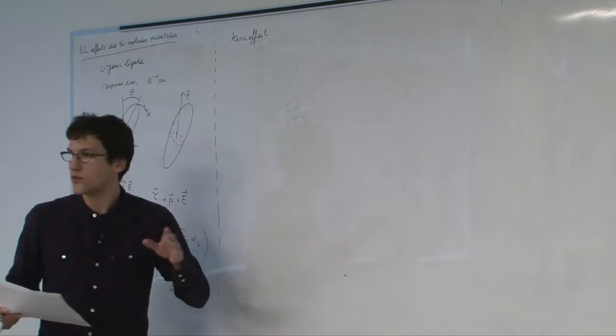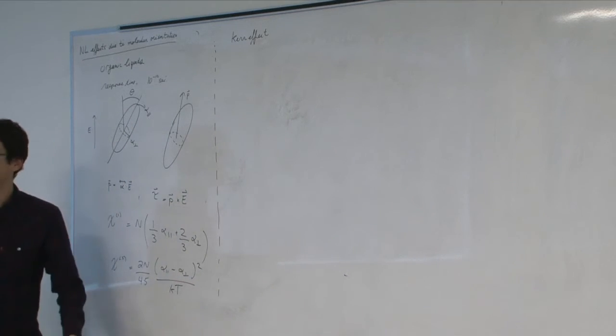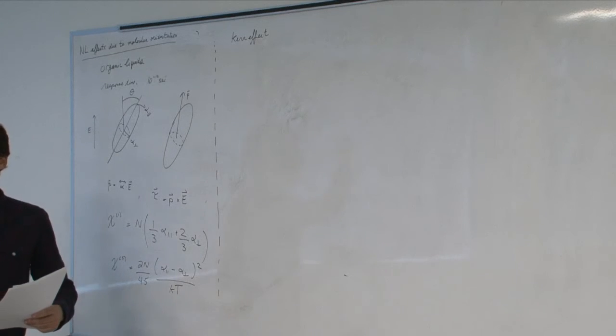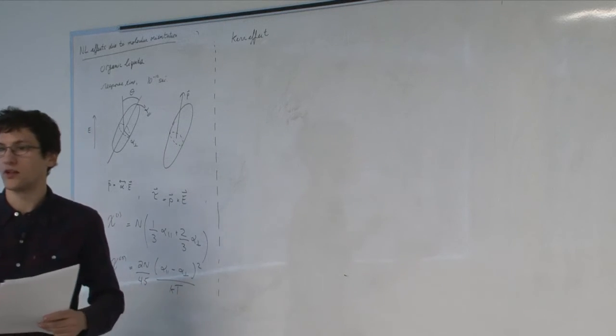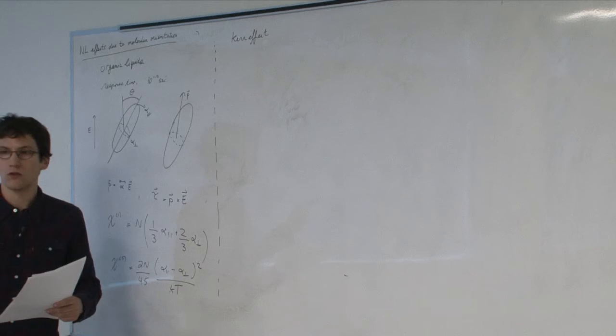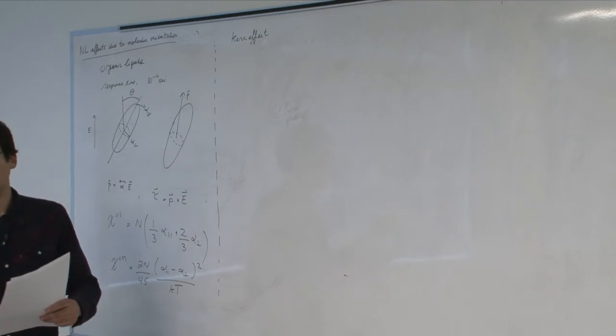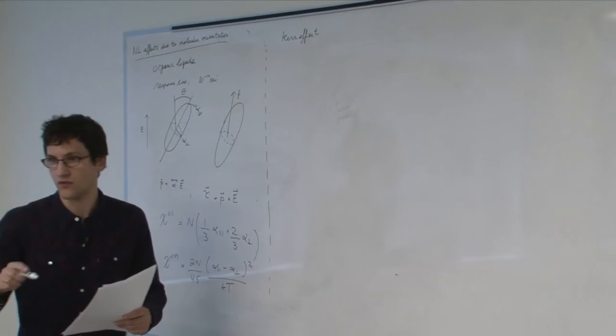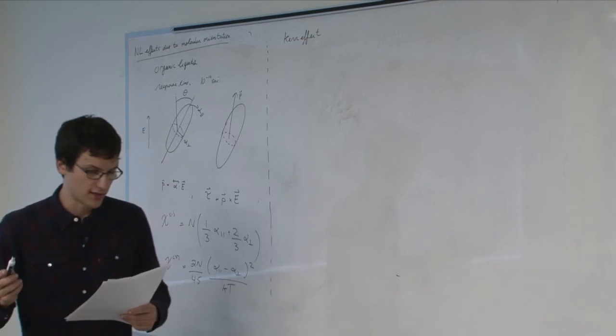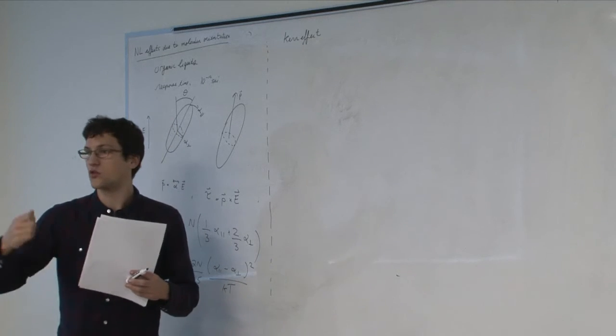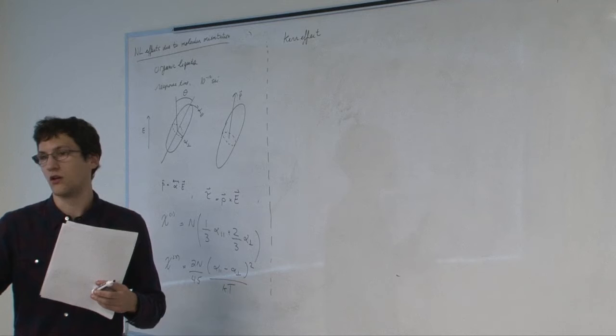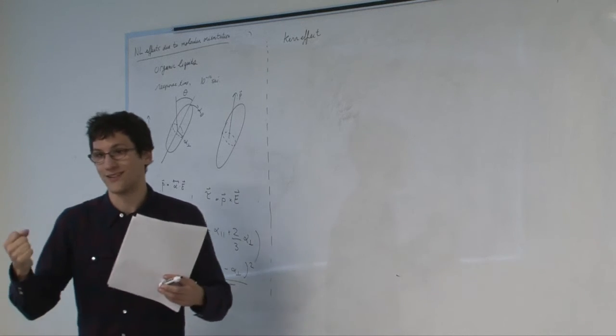So I've given you this idea that when you apply a static electric field, you have this molecule that will tend to align itself with the electric field. But now we need to switch gear and think of an oscillating electric field. When you apply an oscillating electric field, there are two effects that are counteracting on the molecule.